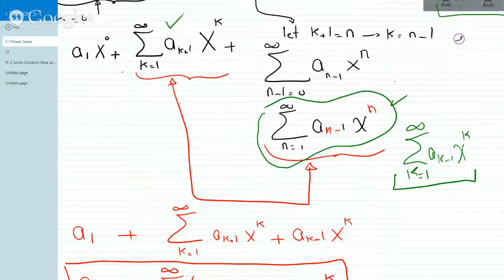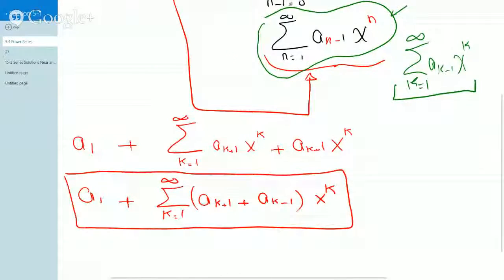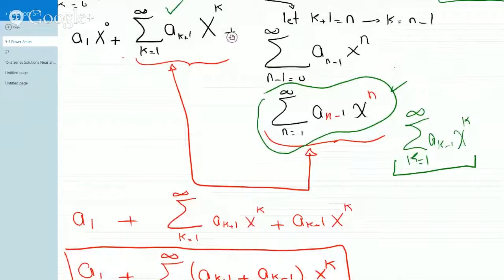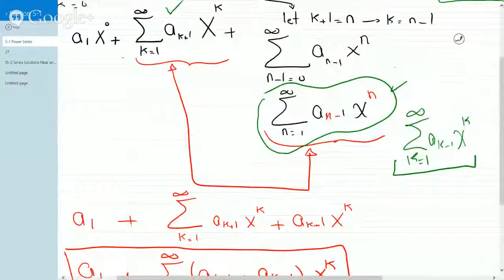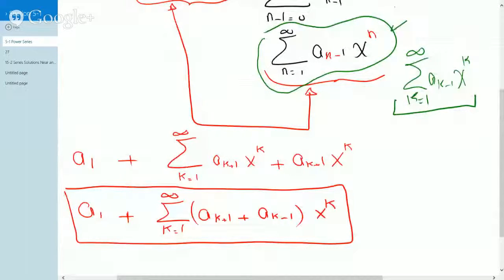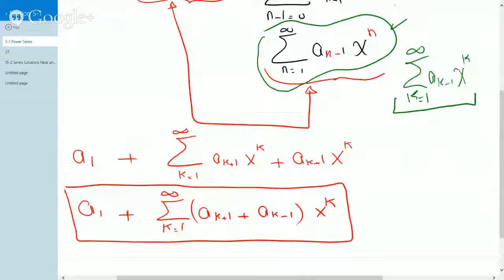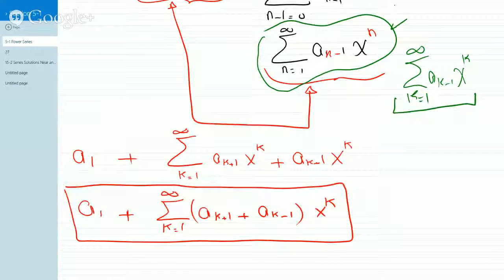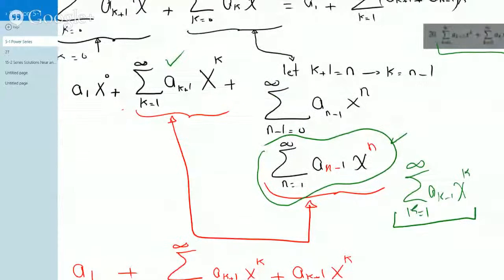Other than that they start at the same k and they both have the factor of x to the k. By doing so, this enables me to combine both of these series together where I have the check marks, so now I have them under the same summation, both starting at k equals 1 to infinity, in addition to the a1 x to the 0, which became a1.